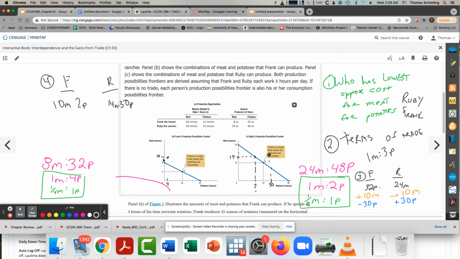And here, 2 potatoes. We're doing a difference now of this to this. So that's our gains from trade: calculating that difference and calculating that difference. We just don't have enough data to do that. Okay.